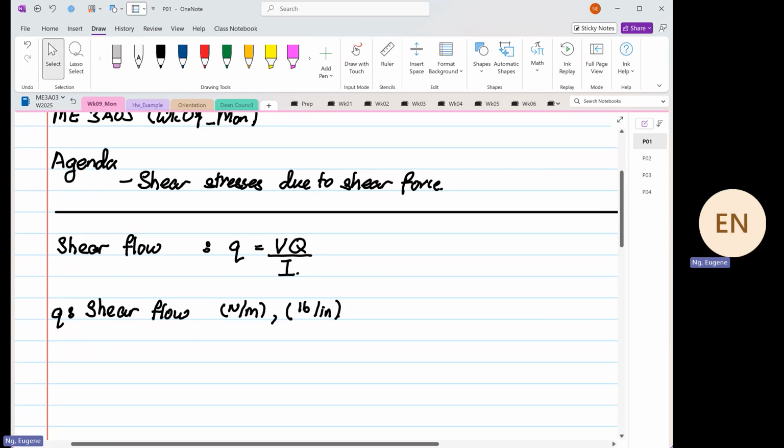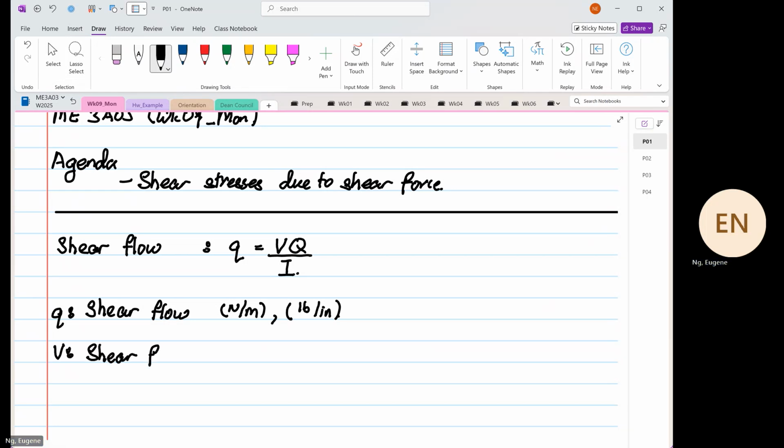Okay, and then V corresponds to our shear force. And our shear force is in Newton or in pounds.